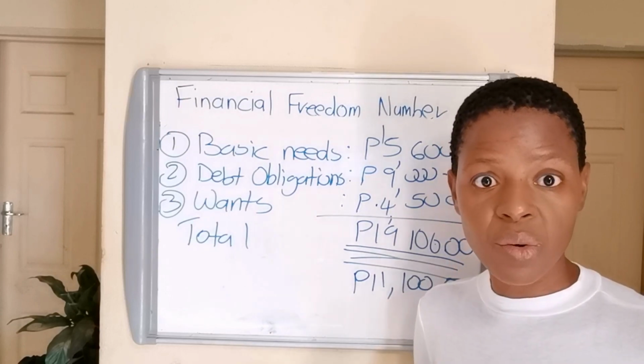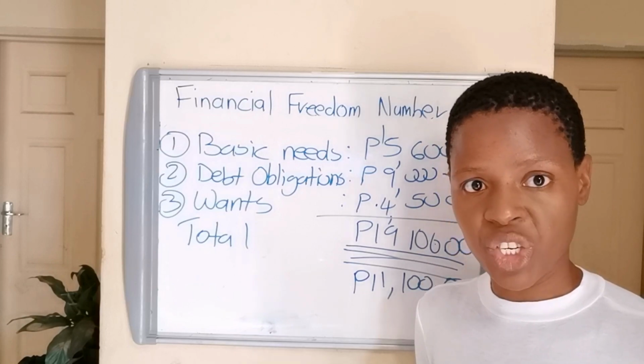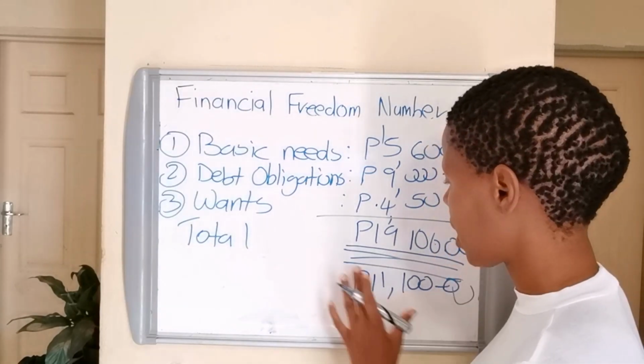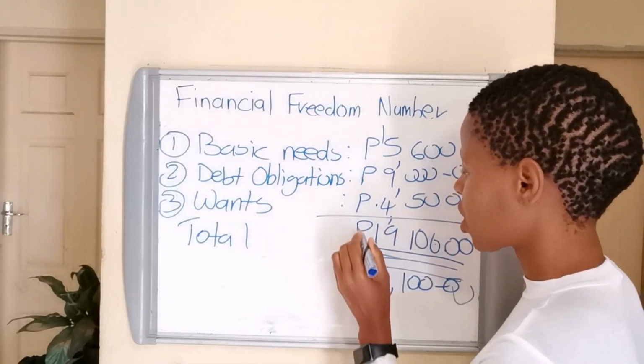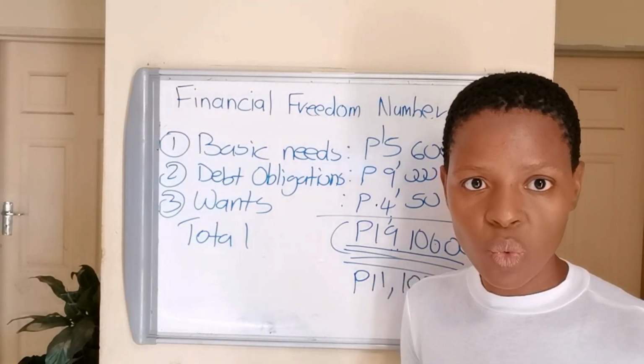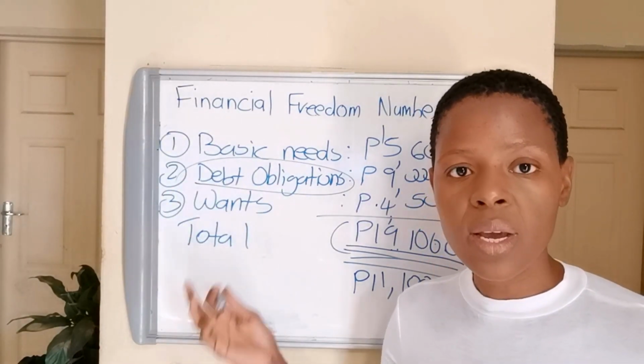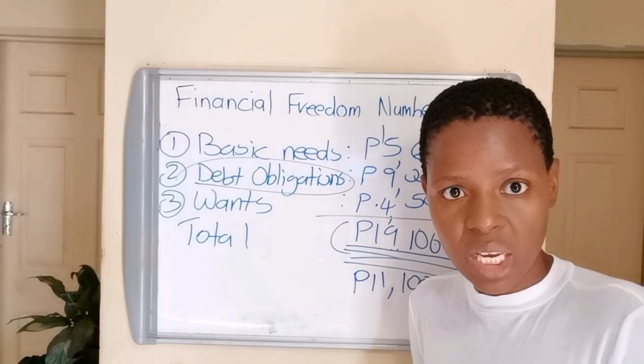I'll be financially free right now. If I were to get rid of my debt obligation, I'll be financially free because I've been able to create an asset that is currently giving me 90,000 or more, but I still have to work hard because I have this debt obligation, but I have a choice of either eliminating it or just keeping it there.